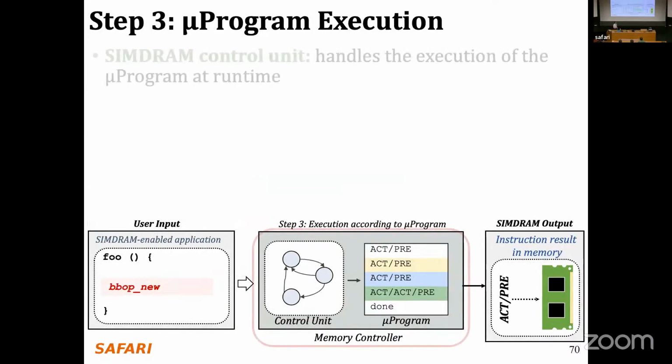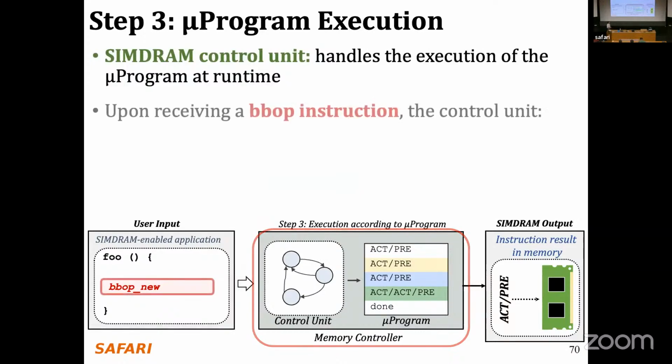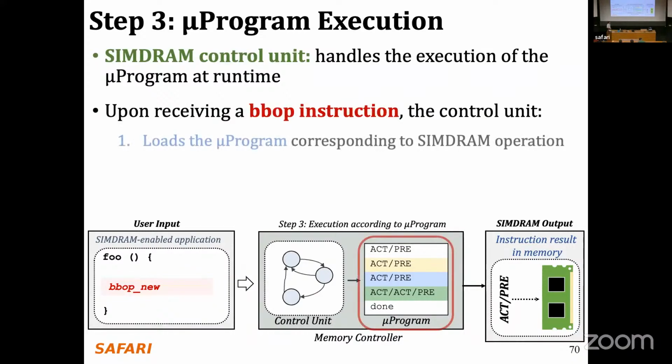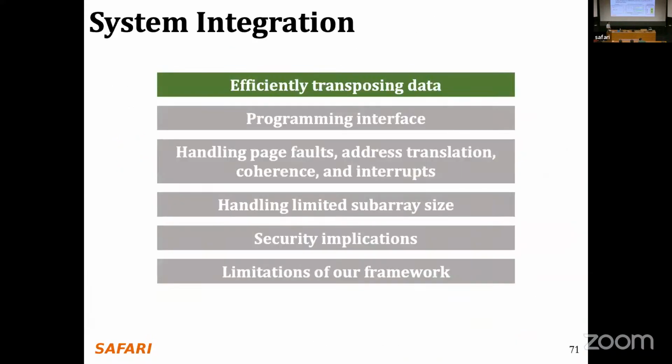So the third step is a simple control unit placed inside the memory controller that is responsible for, once this instruction is encountered, fetching that sequence of DRAM operations to do that particular computation and issuing the operations in order to the DRAM chip itself so that the computation is performed as needed. So in the very end, you have the instruction result in memory without much intervention of the CPU.